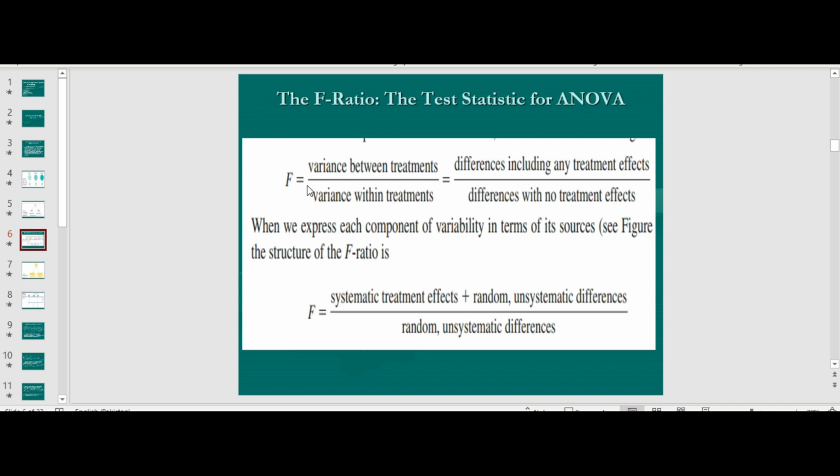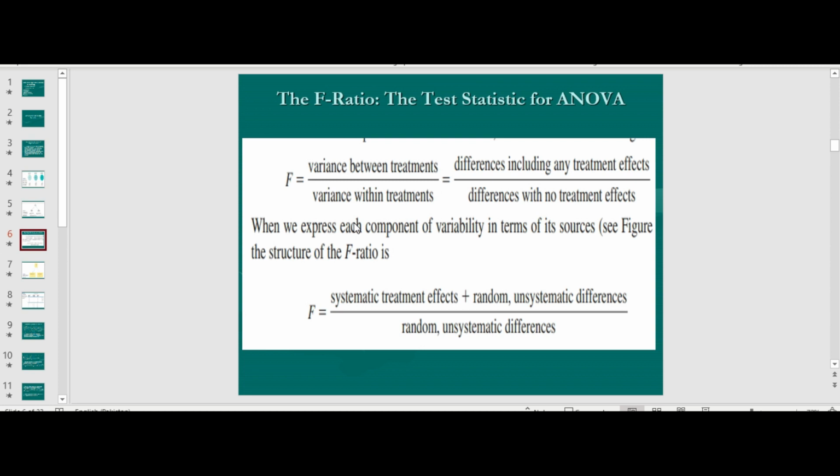Once we have analyzed the total variability into its two components, between treatment and within treatment, we simply compare them. This comparison is made by computing an F ratio. This is the F ratio for independent measures ANOVA.